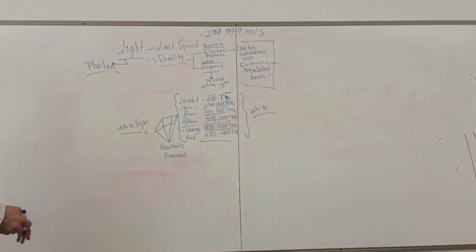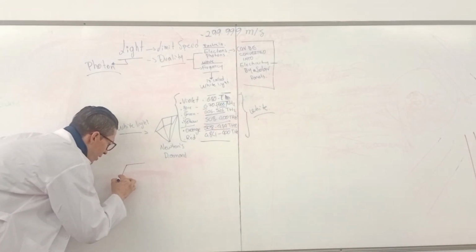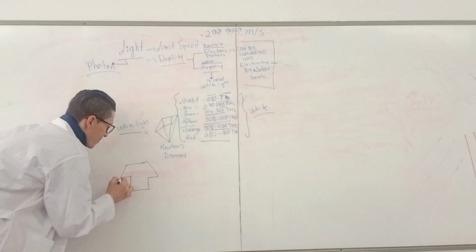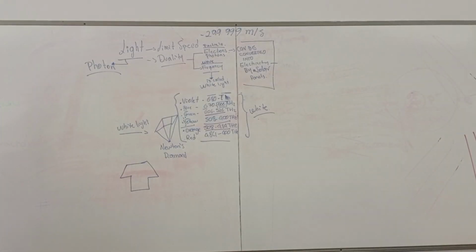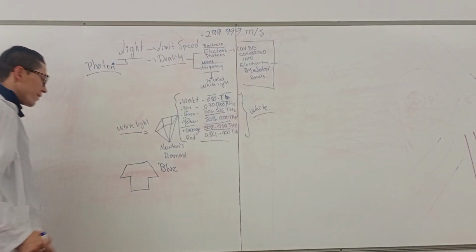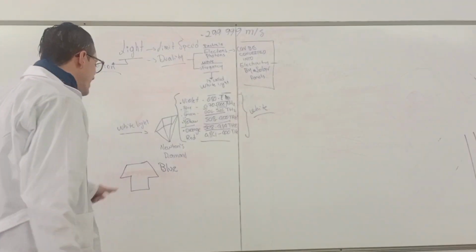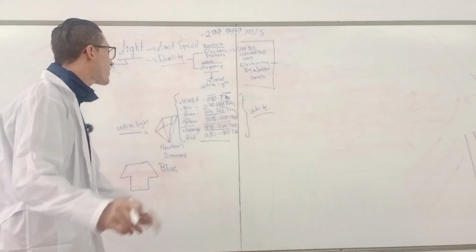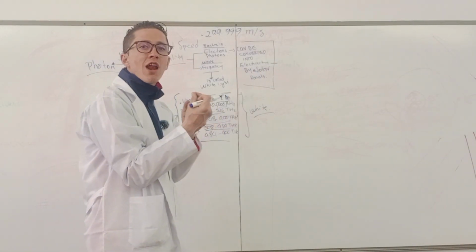Okay, now let's think that's a shirt. An ugly shirt, but that's still a shirt. That shirt is color blue. But the real fact is that the shirt absorbs all the frequencies except blue. Then it reflects the blue color.